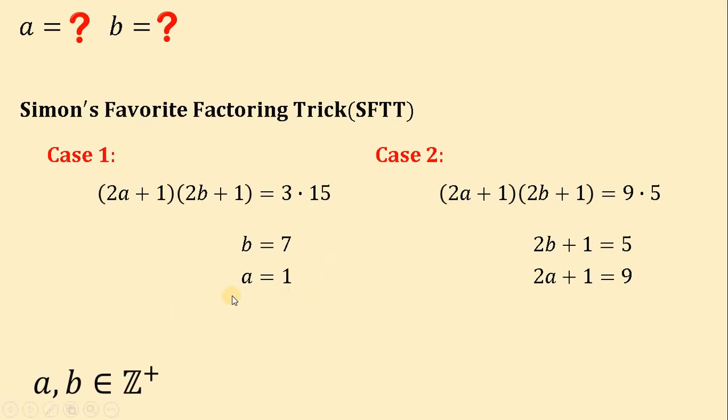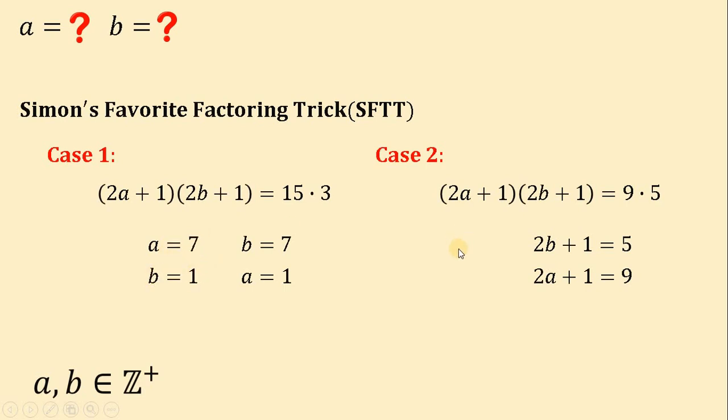So if A is 1, B must be equal to 7. Now, how about the case that 2A plus 1 times 2B plus 1 must be equal to 15 times 3? We get that the value of A must be equal to 7 and the value of B must be equal to 1. So if A is 7, then B must be equal to 1.